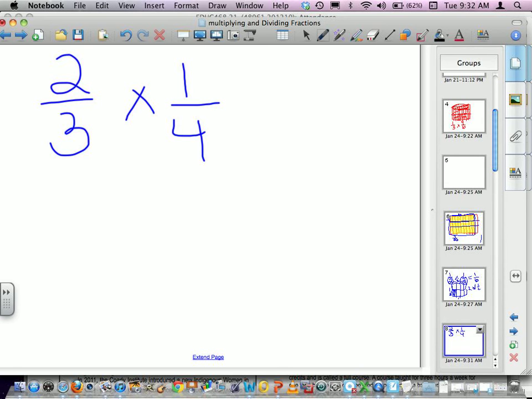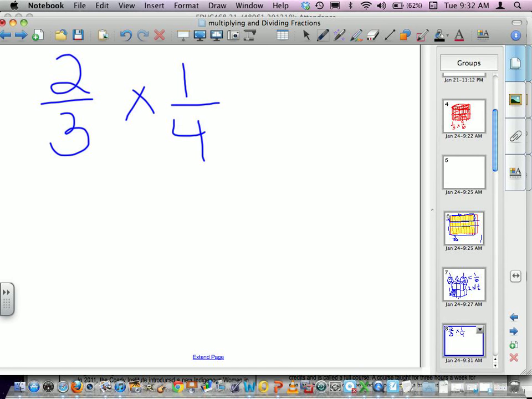And then we fold the 2/3. Doesn't matter which way you do it, as long as you remember that it's 2 wide at the end. Did you get it? So then you can color in 2.